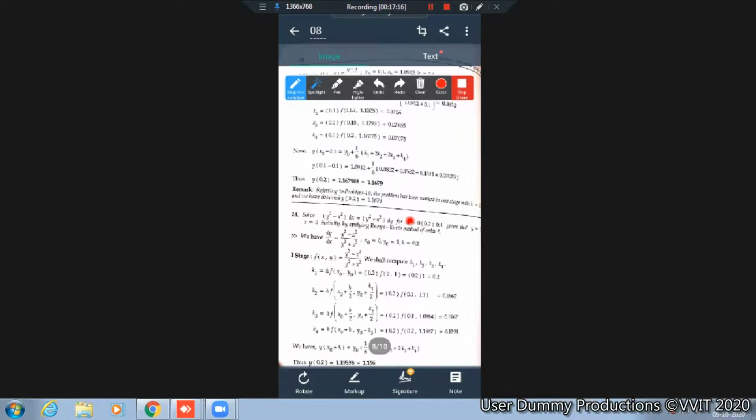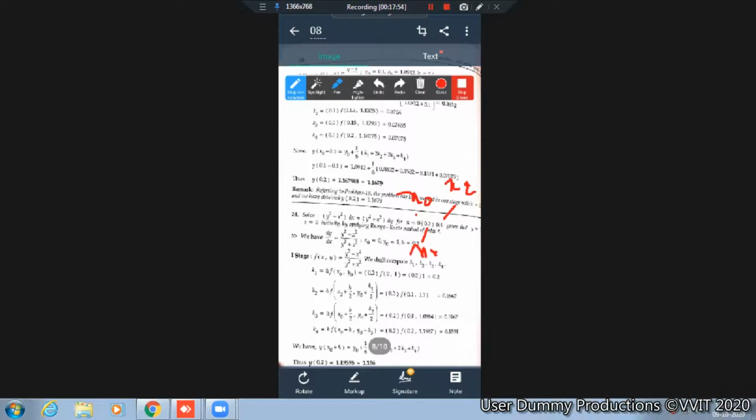Ma'am, could you repeat that notation? Yeah, the only difference in this problem is the notation, else it's the same thing. Here 0, 0.2, 0.4 is there, right? What does 0 stand for? Here 0 stands for the x0 value, and 0.2 in the bracket stands for the x1 value, and 0.4 stands for the x2 value.